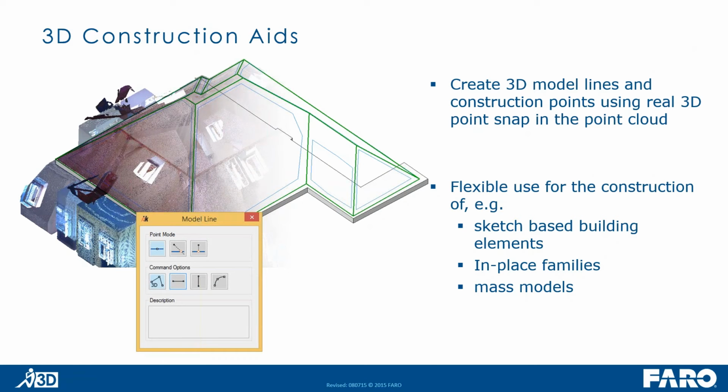Okay, what else? So next to these object tools from PointSense, we also have some tools to create 3D construction aids, model lines, for example, or work planes. And these construction aids help you to create any other element in Revit you need. So for example, for roofs or mass elements or in-place families.